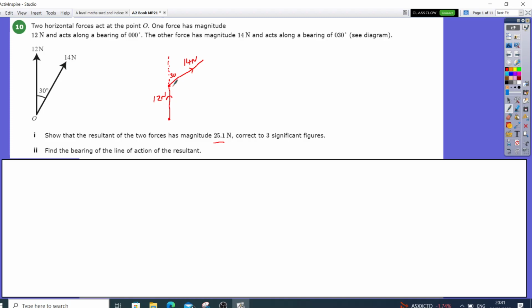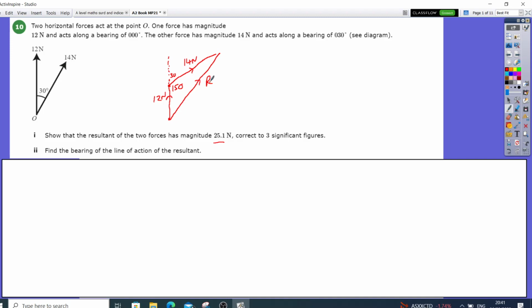So this will be 150 degrees. So that will go there, then that's going that way, and then the resultant force will be going from there to there. I'm going to call that R, the resultant force.